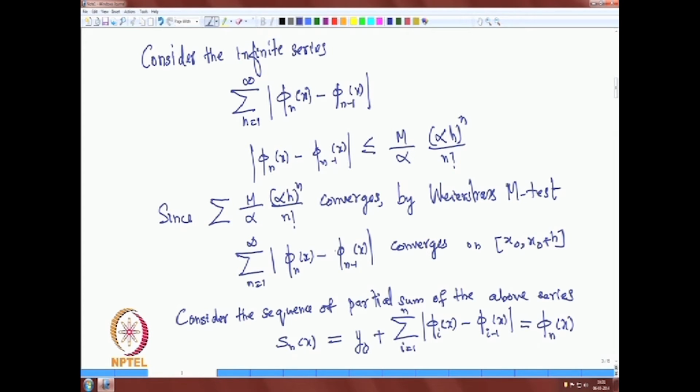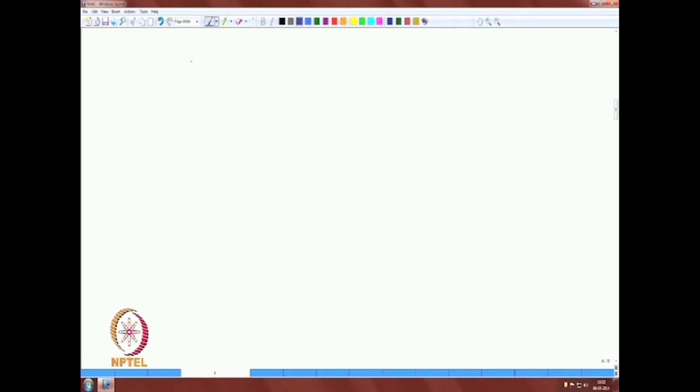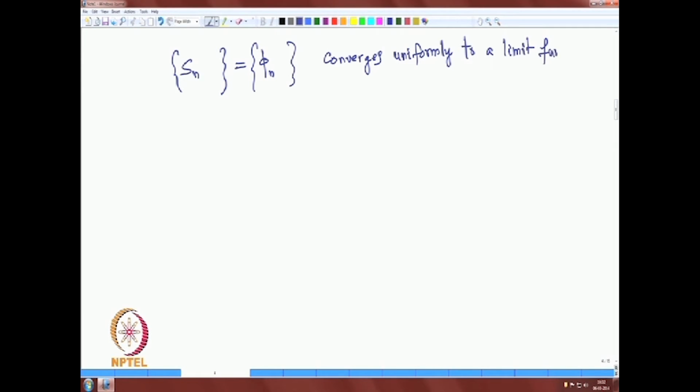And since the infinite series converges uniformly on this interval, the sequence of partial sums, which is phi n x, if you suppress x, converges uniformly to a limit function, say phi, on the interval x0 plus h.